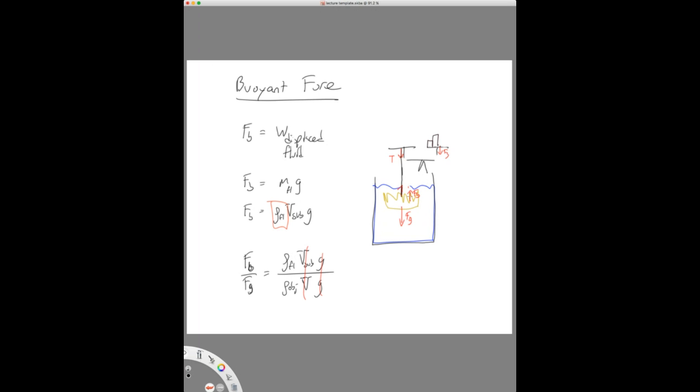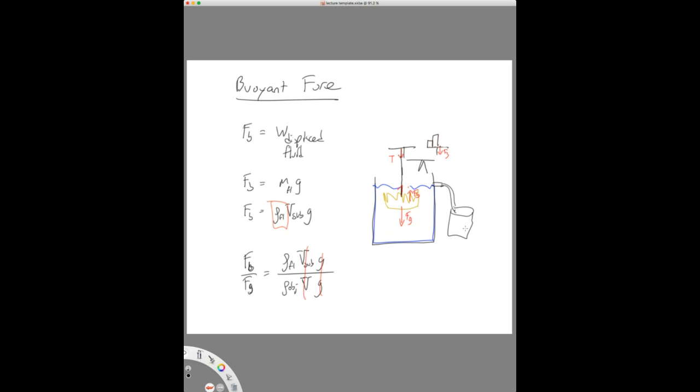So how do we find the buoyant force? We just look at the difference between the original force of gravity and the new force of gravity. Or alternatively, we put a pour spout here so that when we drop the crown in, some water flows out, and we capture that water in a cup and weigh it.